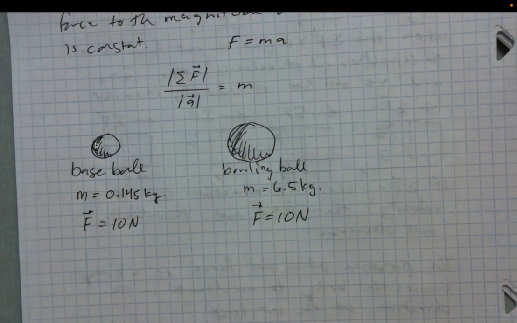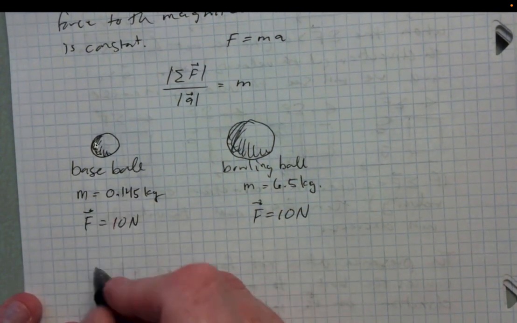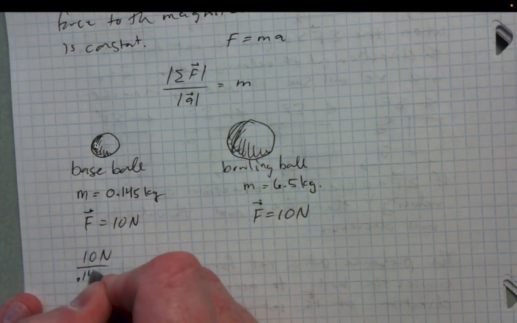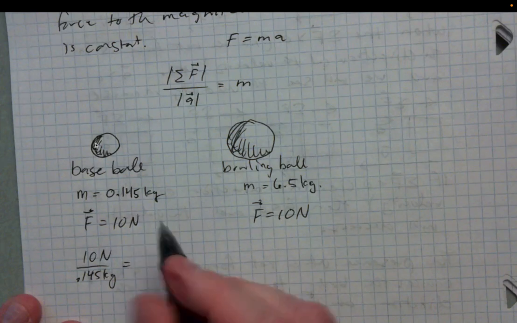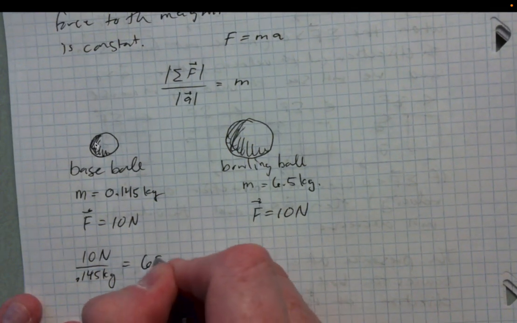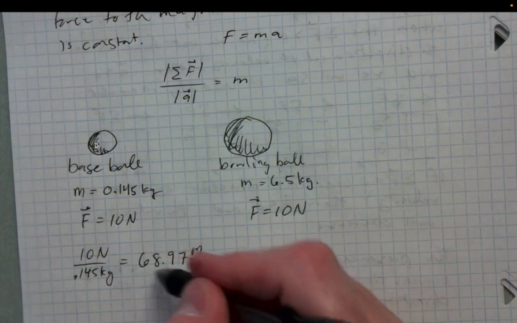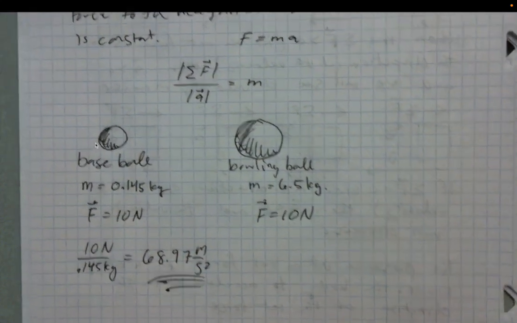We can use F equals ma to back out whatever acceleration we would get from applying a net force of 10 newtons to each. On this side, 10 newtons divided by the mass, 0.145 kilograms, means I'm going to see an acceleration of approximately 68.97 meters per second squared. That's the acceleration of the baseball.